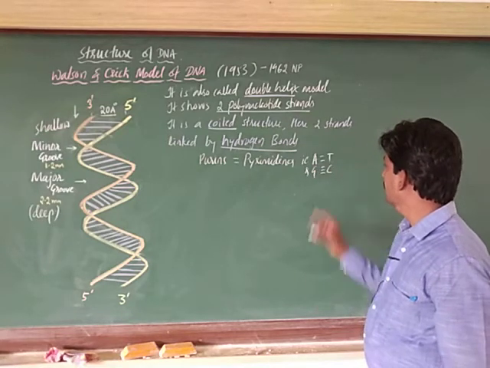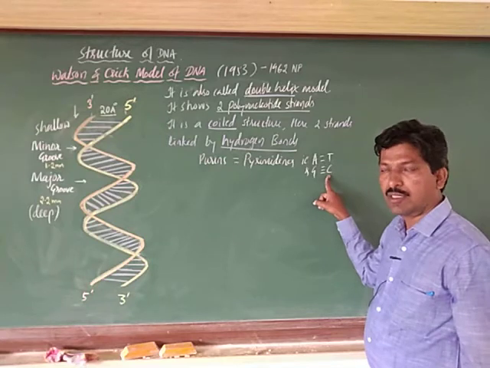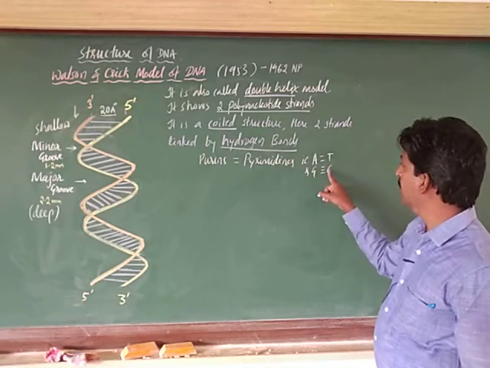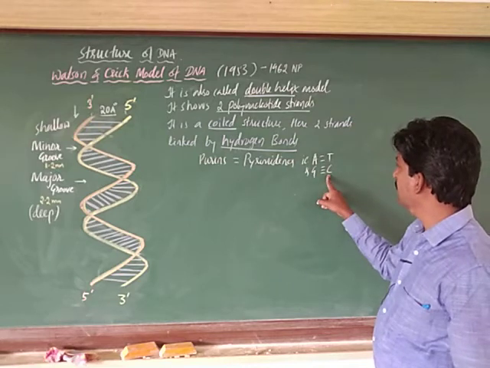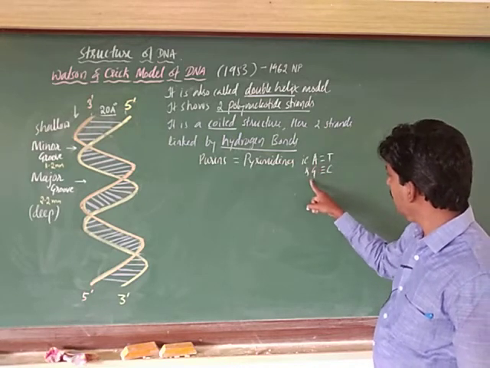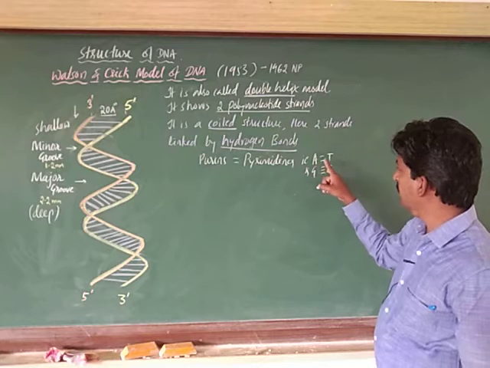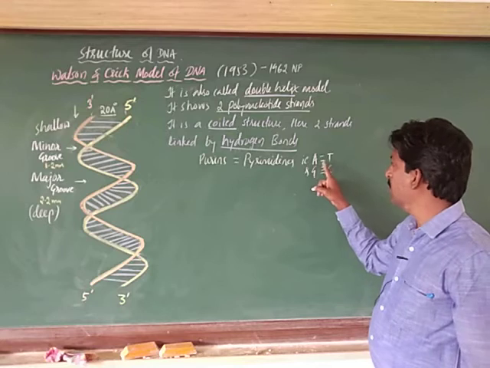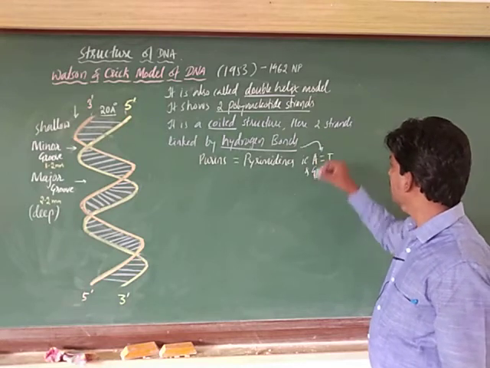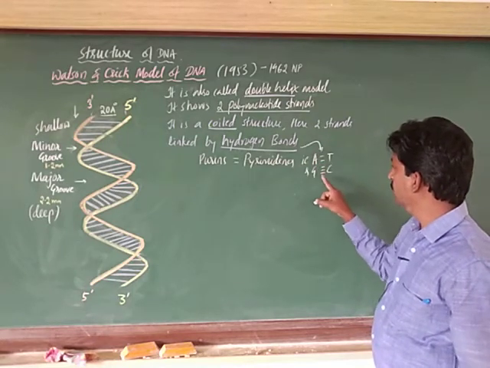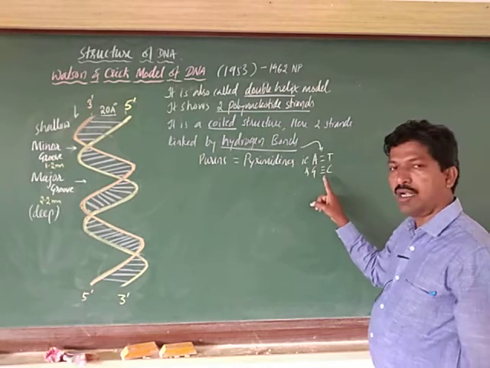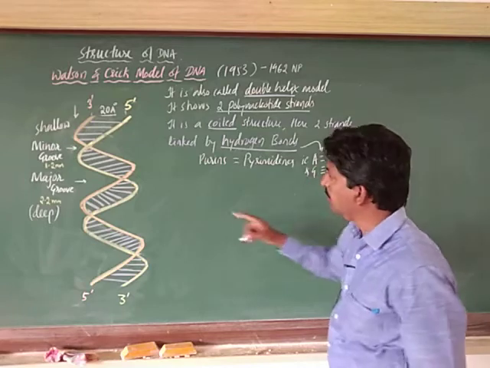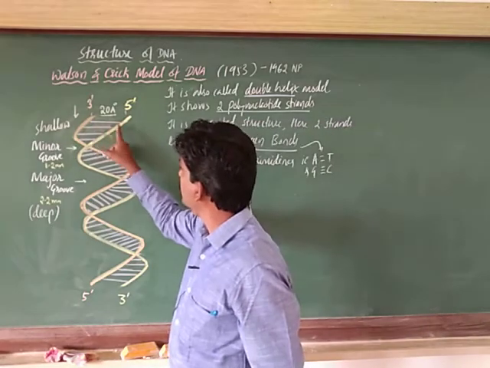These are the pyrimidines, and these are the purines. These are the hydrogen bonds, and they link the two chains.